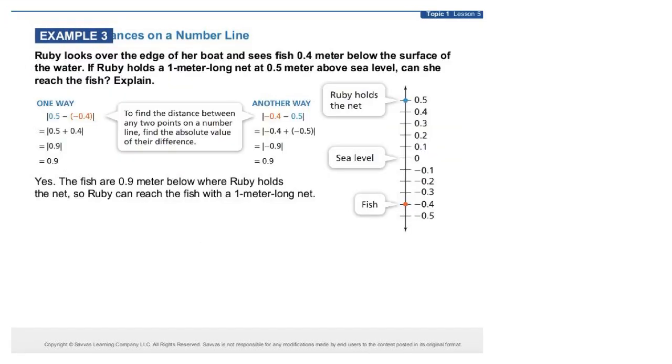All right, we are on example 3 on page 35. Ruby looks over the edge of her boat, and she sees that there is a fish 4/10 of a meter below. Look, there's the fish. If Ruby holds a 1 meter long net at 5/10 meters above, look, there's the net. Can she reach the fish?